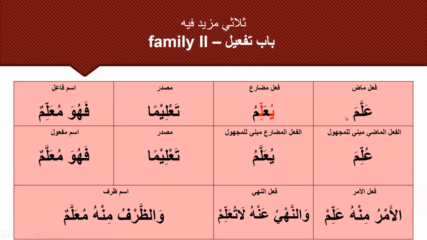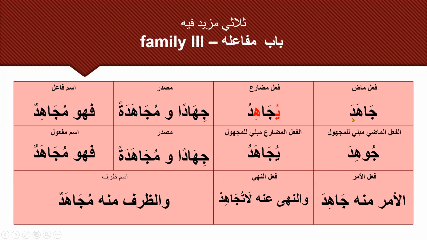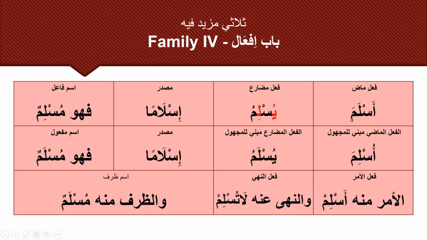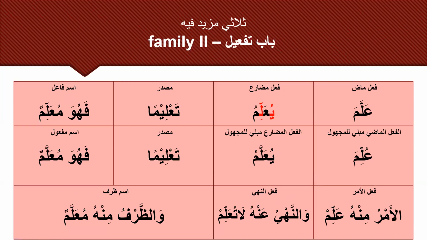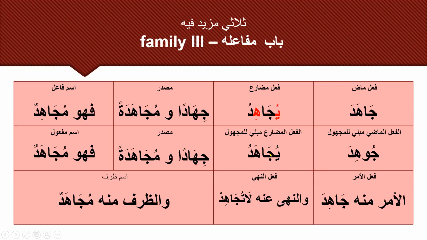You will only find them with the root letters fa, ain, and lam, like fa'ala, fa''ala, and af'ala. So for the beginners, it is very useful. I think it is very convenient to use different words for each family, so it is very easy for us to memorize. Alhamdulillah. Okay, so let's see family 3, Bab Mufa'ala.